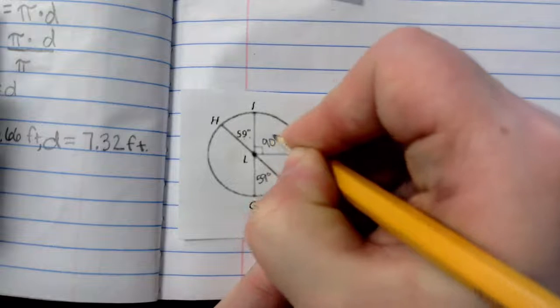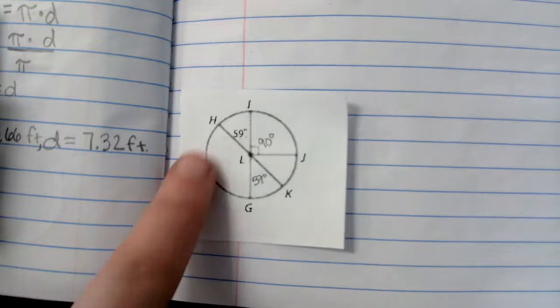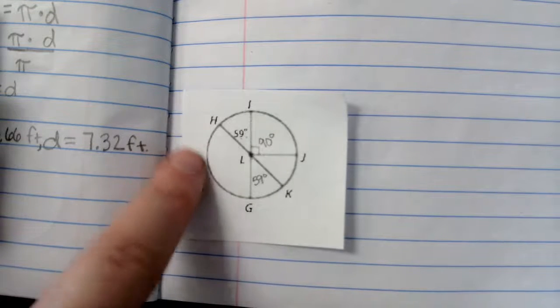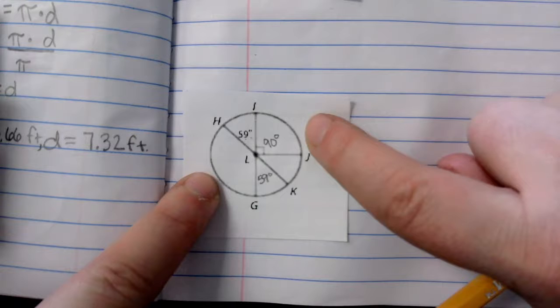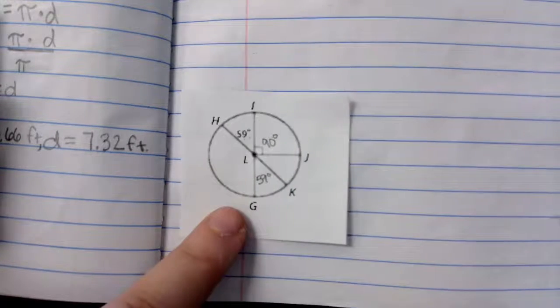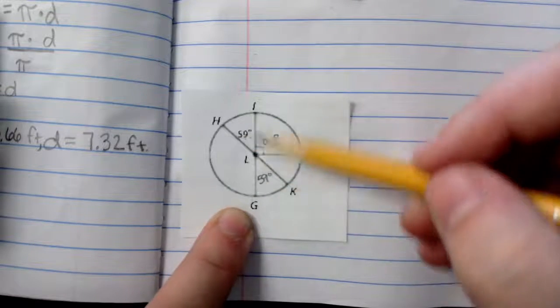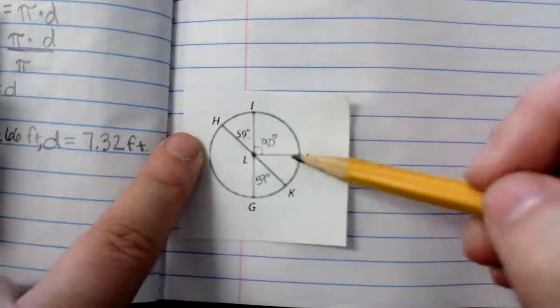So what's the next angle that you guys want to find? Do you want to find HG or JK? Okay, HG. How could we find HG? 180. Which 180 are you using? Are you thinking of G to I or K to H?